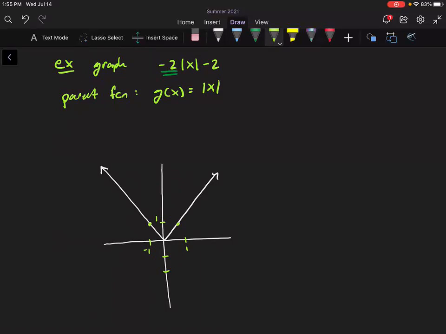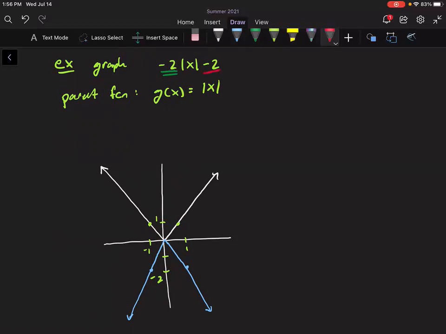And now when we apply that -2, we're going to pick up points at (-2, -1) and at (-2, 1). So not only do we reflect, we also become sharper.